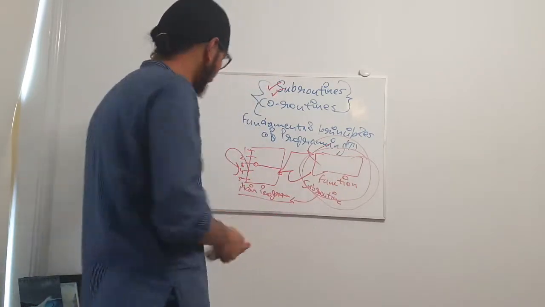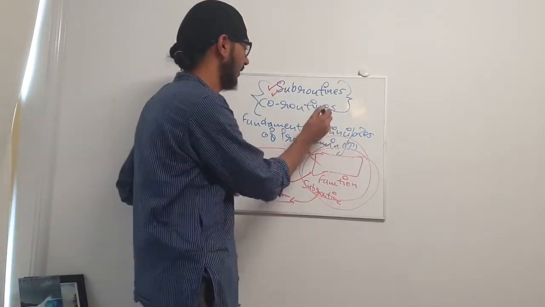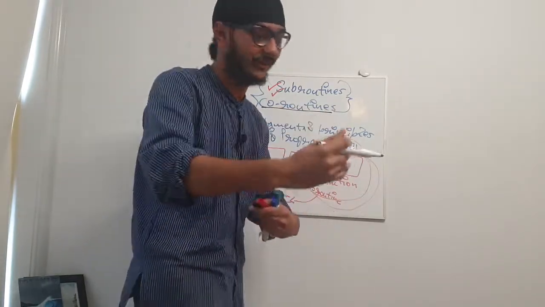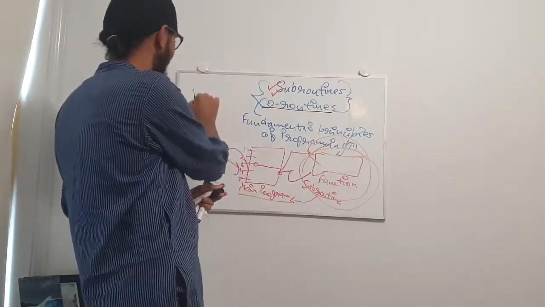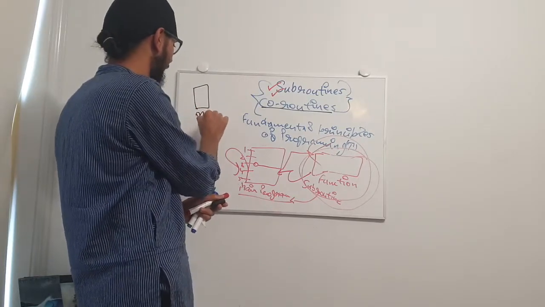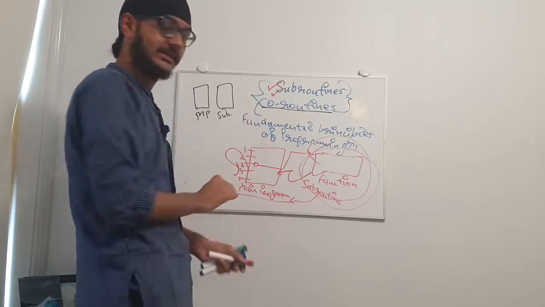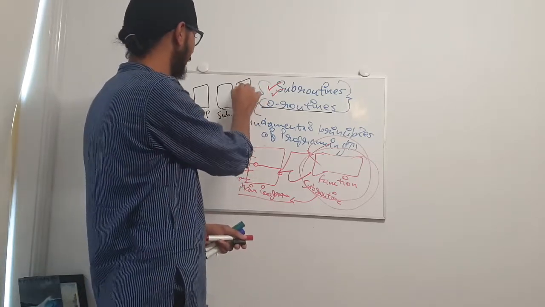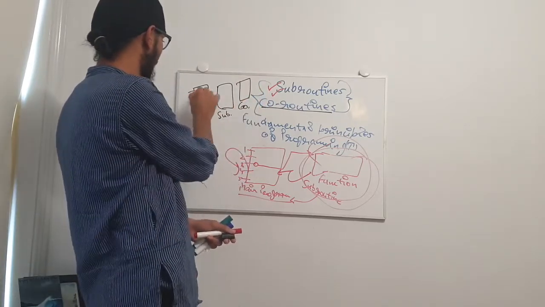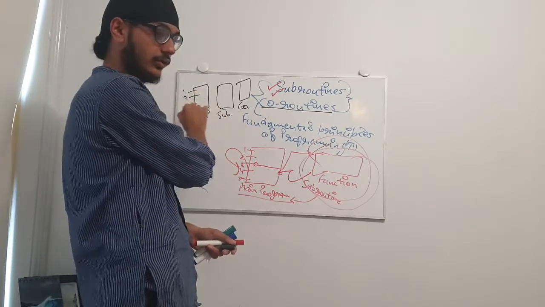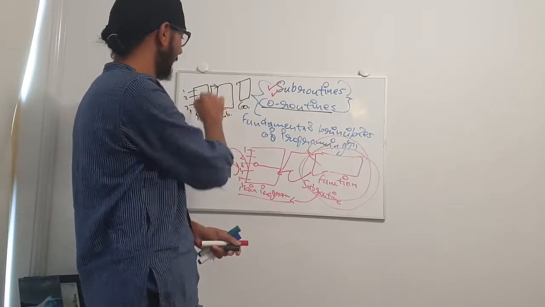Now moving on further, what is a coroutine? It's basically a subroutine, then again a subroutine. This is our main program, this is our subroutine, and this is our coroutine. From here, 1, 2, 3, 4, second, call the subroutine, this one.